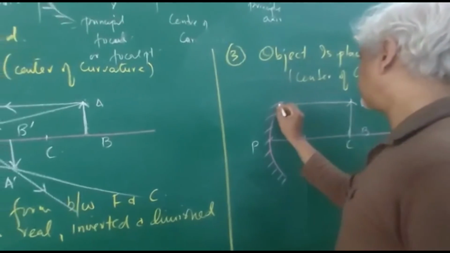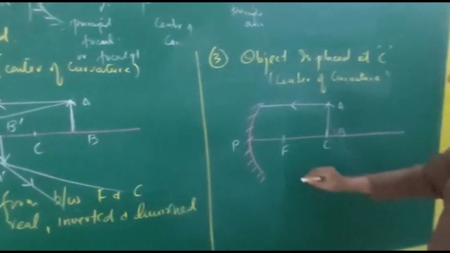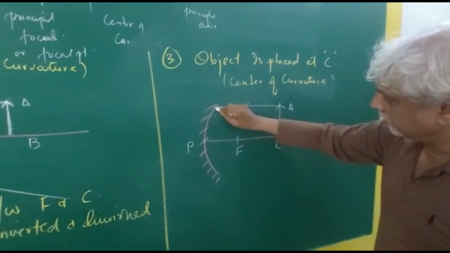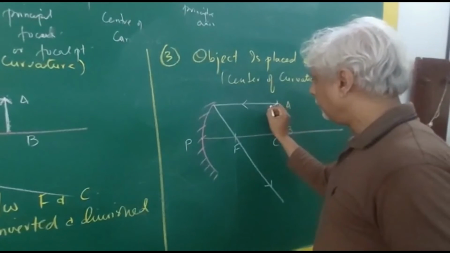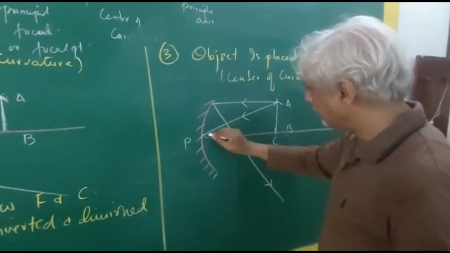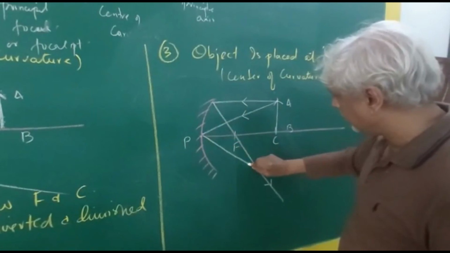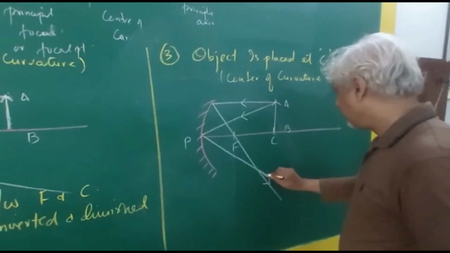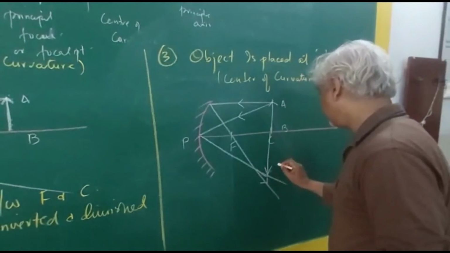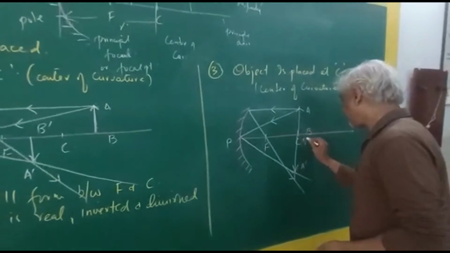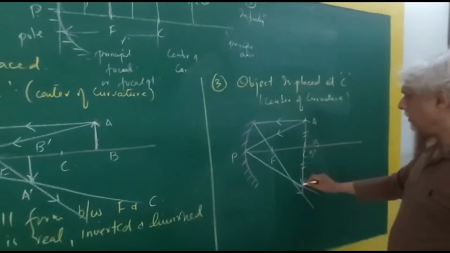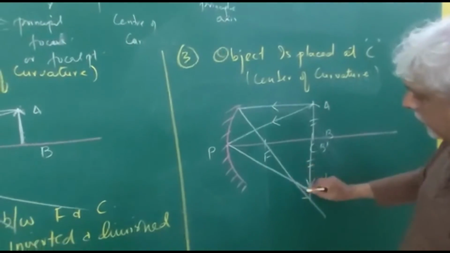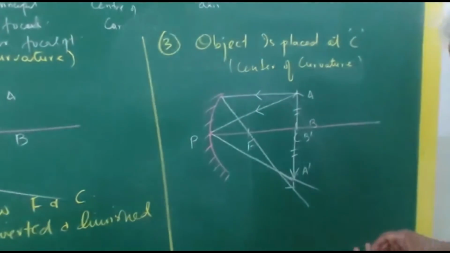The first ray of light will strike the concave mirror and, according to the rule, it will pass through the principal focus. The second ray of light will strike the pole of the mirror and will reflect back at the same angle over here. This image will form on the opposite side over here, and the height of the image and the object will be the same. I have not drawn it to the accurate point, but I'll just write it down.